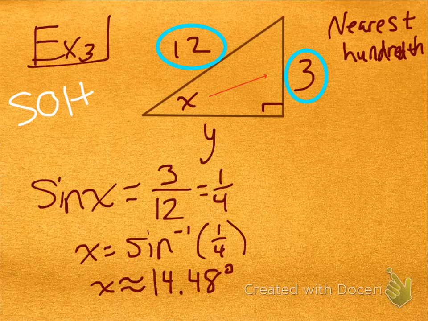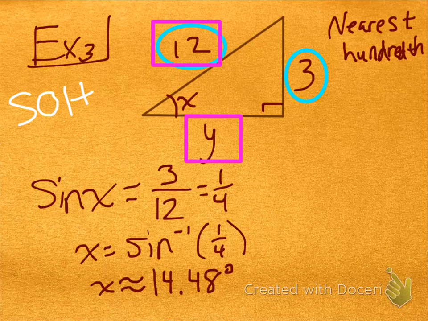I'm going to use cosine because we already know x, and I'm going to look at how y relates to x. Again, we're dealing with this angle here. If we're looking for y, we already know that the hypotenuse is 12, and we know what x is. x is approximately 14.48.